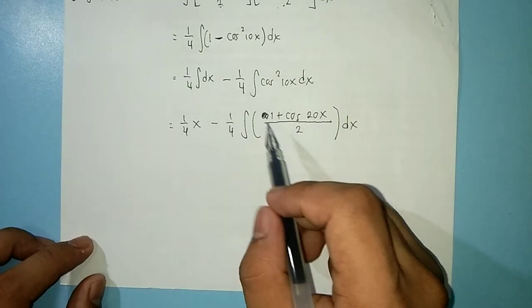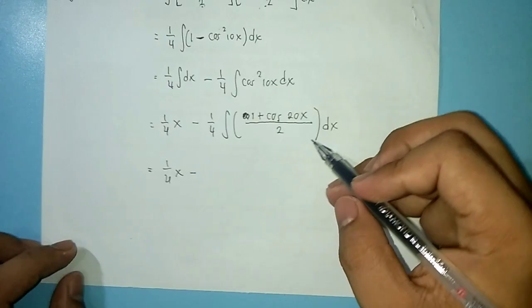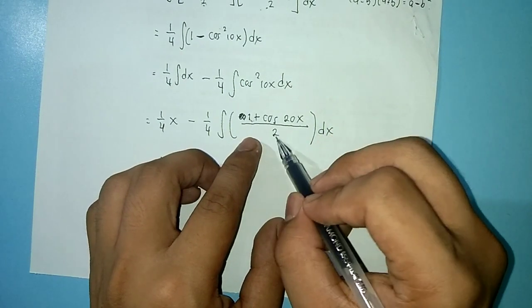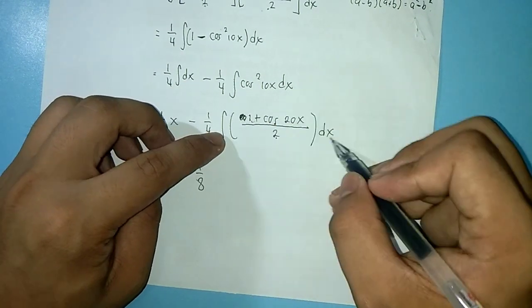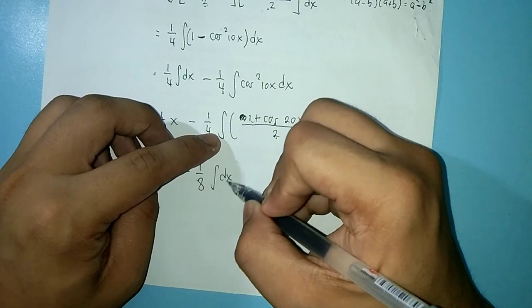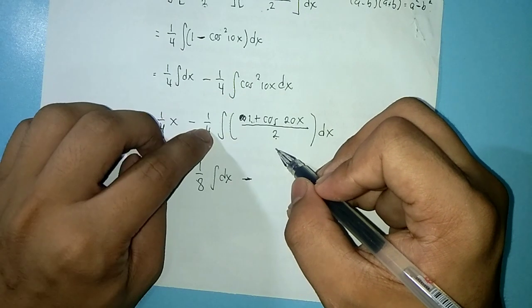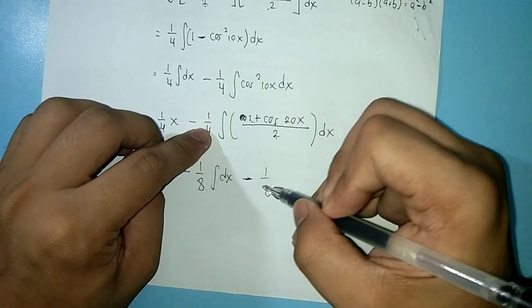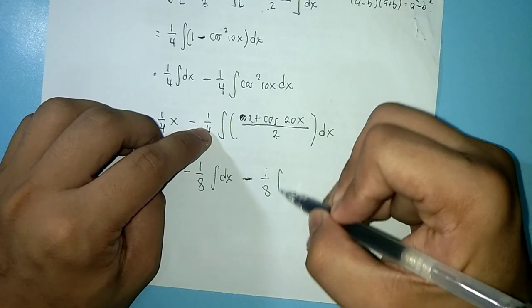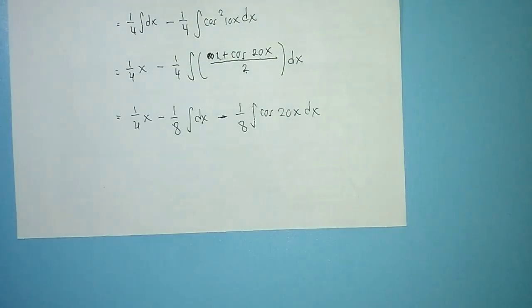So, yan, distribute ulit natin. 1/4 x minus 1/2 times 1/4, that is 1 over 8, integral dx. Okay? Minus 1/4 times 1/2 ulit, so 1 over 8, then integral of cosine 20x dx.